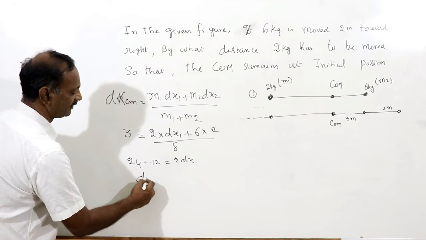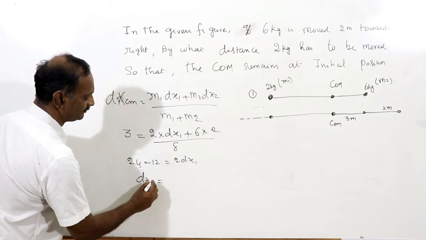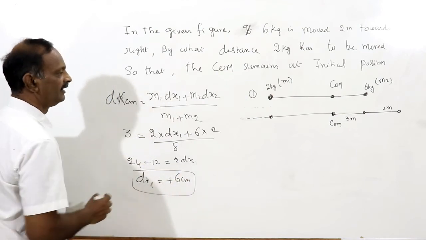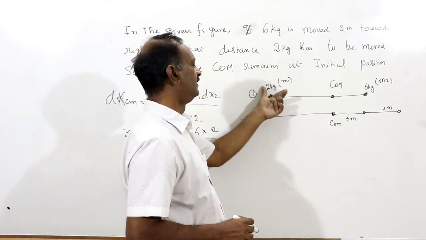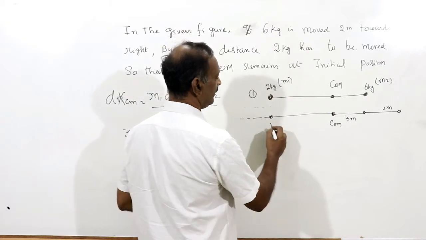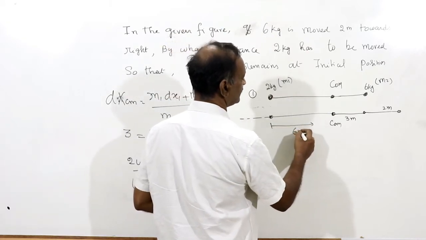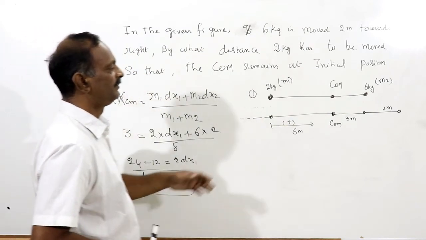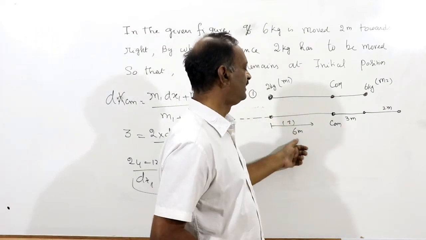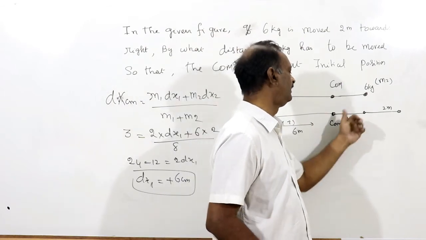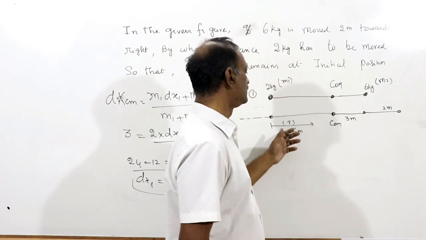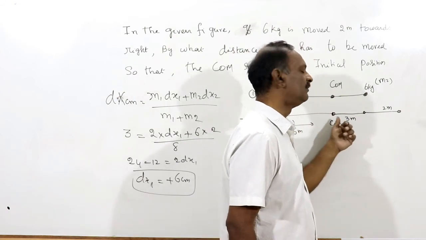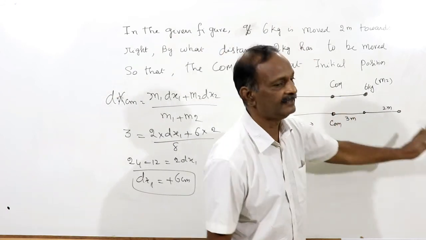So dx1 is equal to plus 6 meter. This mass has to be moved in the positive direction by 6 meter. Then by moving this mass 6 meter and the other 2 meter, the center of mass will move 3 meter from its initial position.